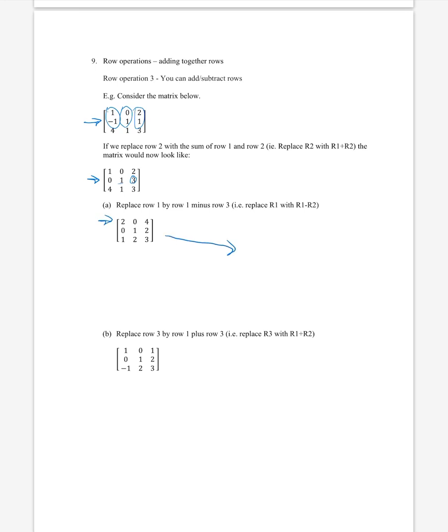So the process I'm going to do is row 1 is going to become R1 minus R3. So when I do that, I take row 1 and, for example, I take 2 and I take away what that matching value is in row 3. So 2 minus 1 will give me 1.